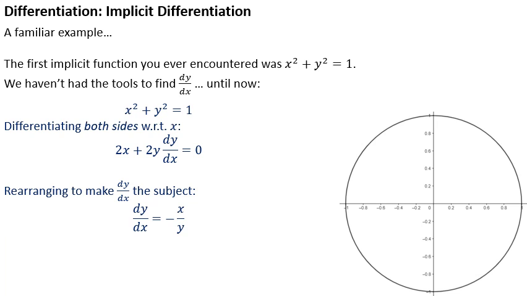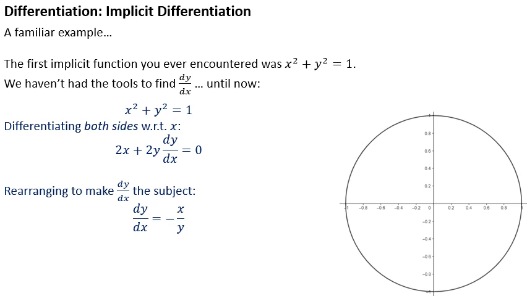Because previously, every time we found dy by dx for a function, because it's been an explicit function, the right-hand side has been a function of x alone, which means the derivative dy by dx is equal to some function of x. You can set it equal to 0 and solve it and find stationary points, etc. Now what we're looking at is a derivative which involves both x and y. It might remind you a bit of finding dy by dx when we're dealing with parametrics.